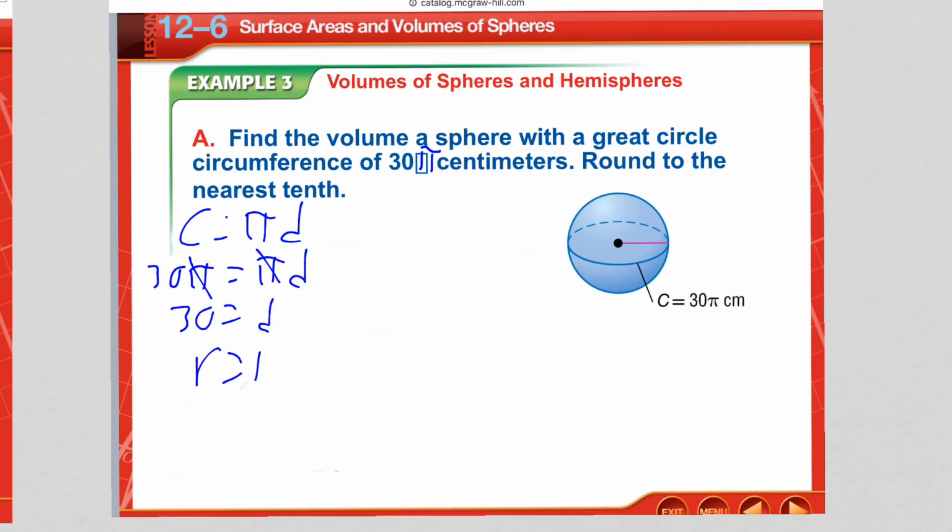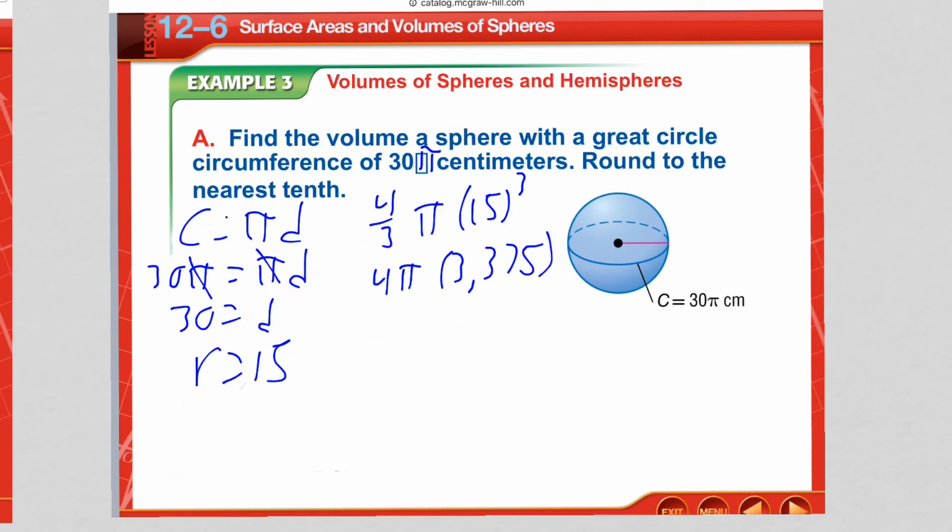which makes my radius 15. Now I can finally find the volume of this sphere and do 4/3 times pi times the radius cubed, which would be 15 cubed. So my 15 cubed is 3,375.